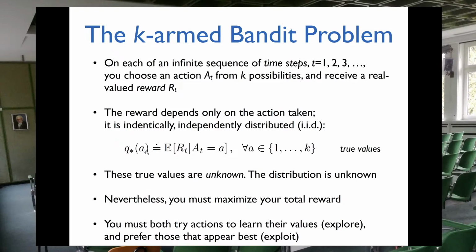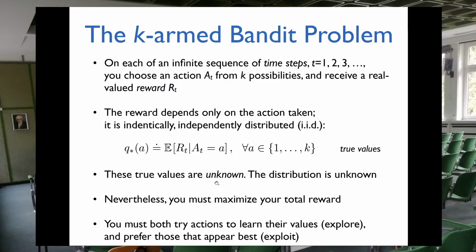So here we are going to estimate this q star for every action. In this case we have k actions, so we will have a q value for each of our k actions, and this value will be the estimation of the reward that you expect to gain when you execute that action.